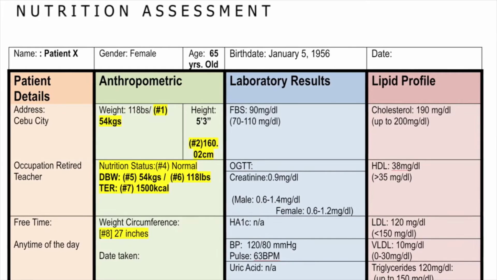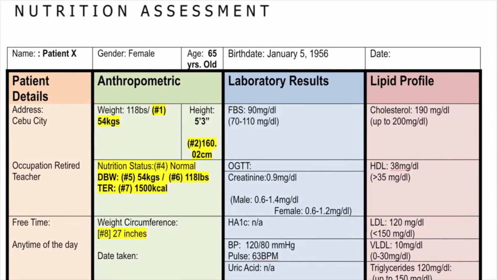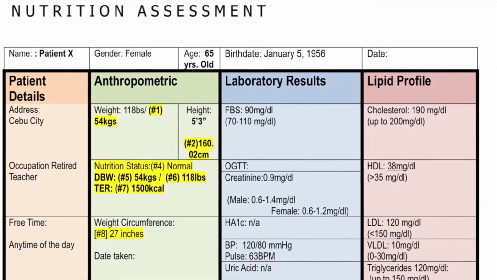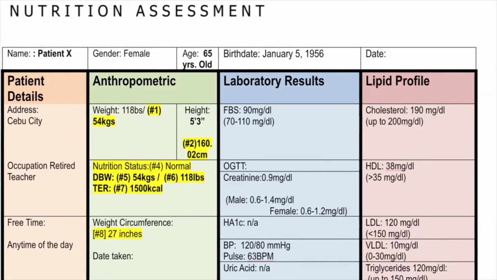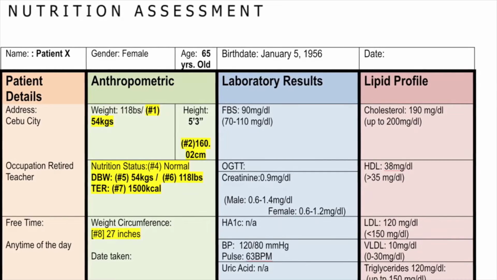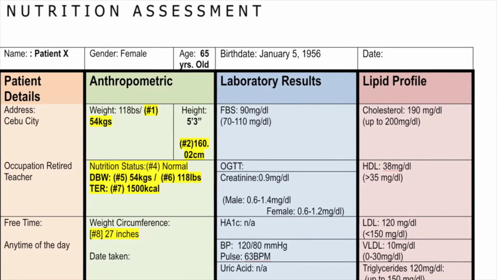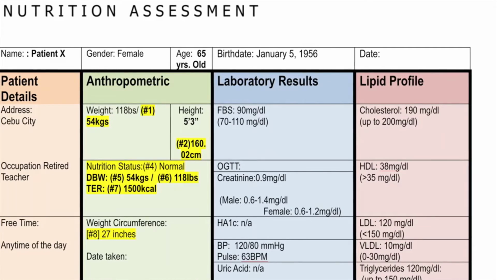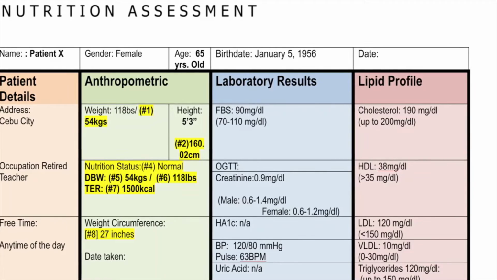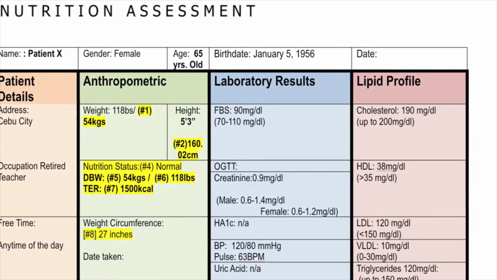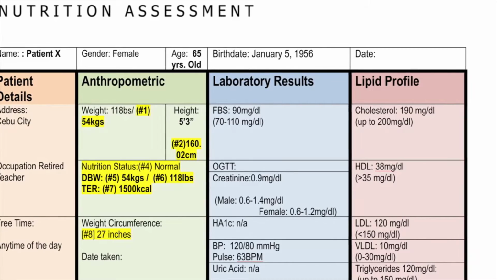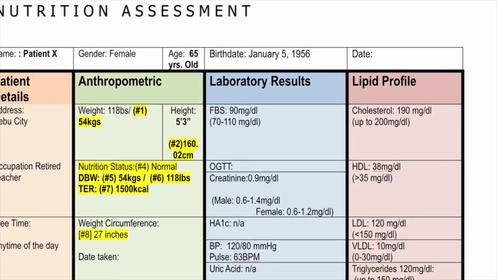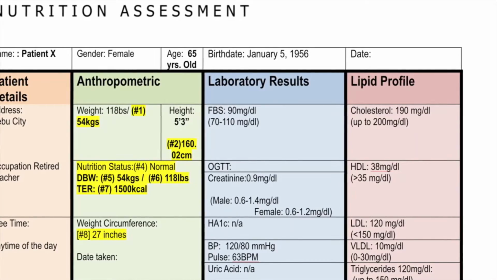And the lipid profile: she has 190 mg of cholesterol, her BP is 120/80, her pulse is 63 BPM, and the uric acid is normal. HDL 38 mg, LDL 120 mg, VLDL 10 mg, triglycerides 120 mg.